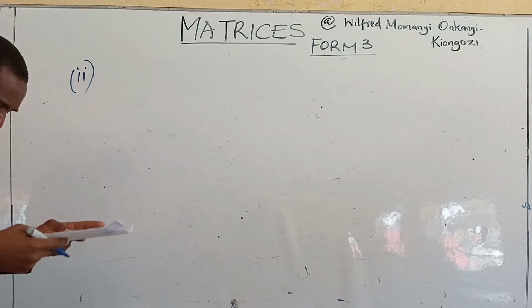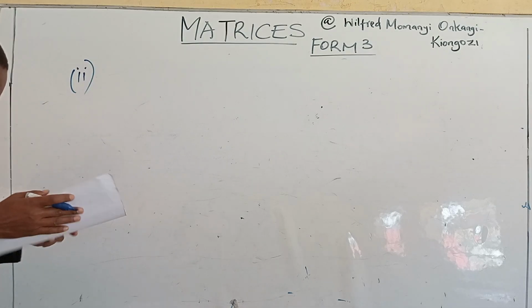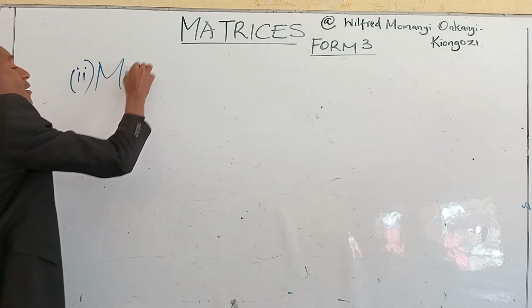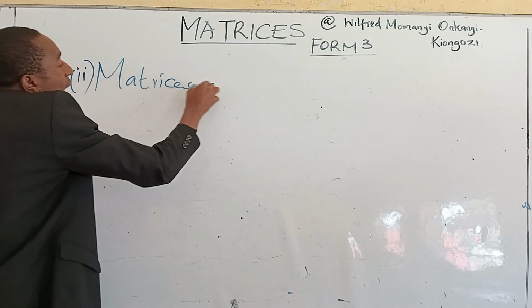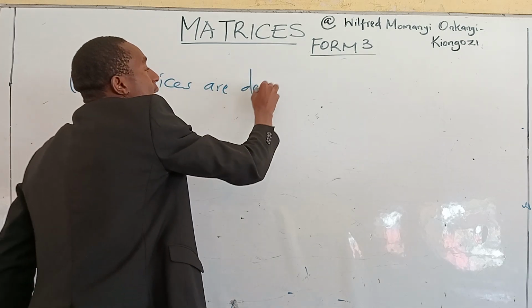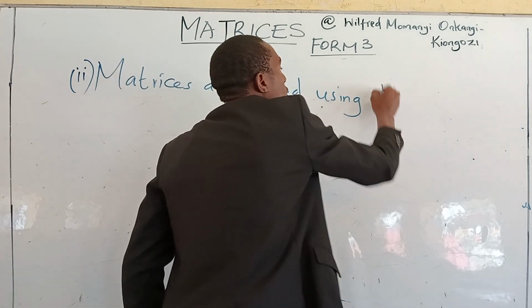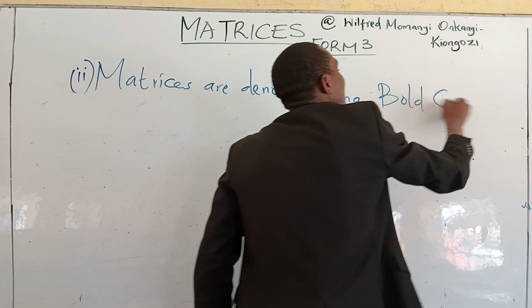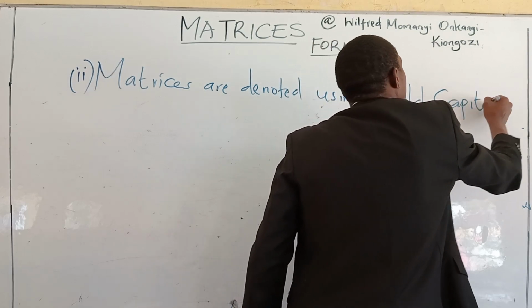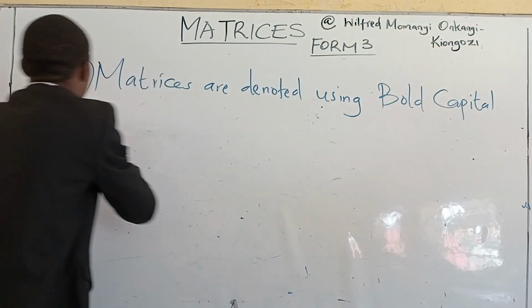We denote matrices using bold capital letters. So matrices are denoted using bold capital letters.